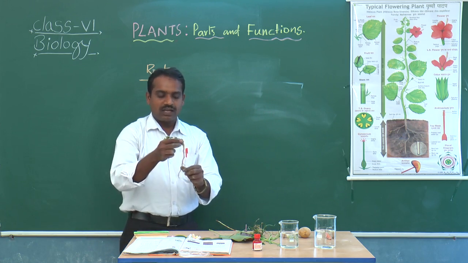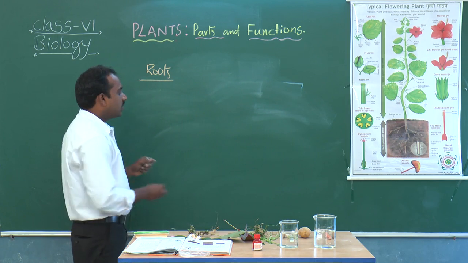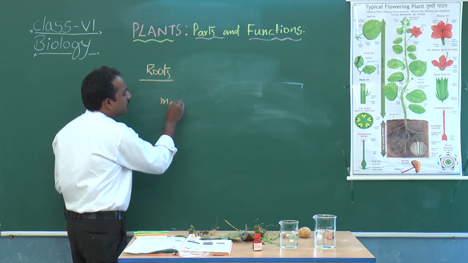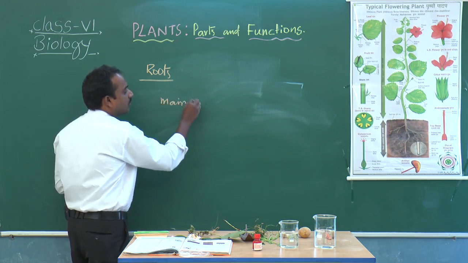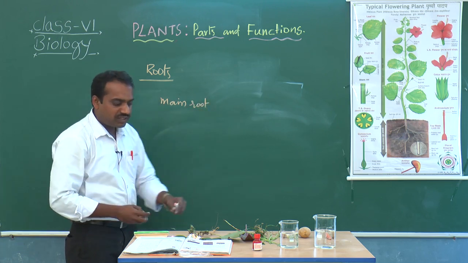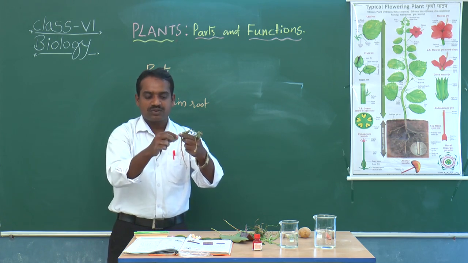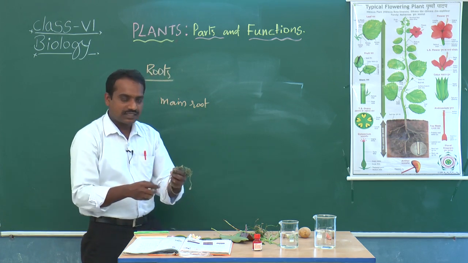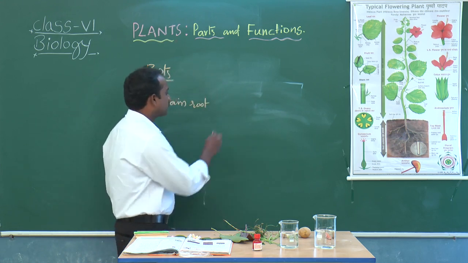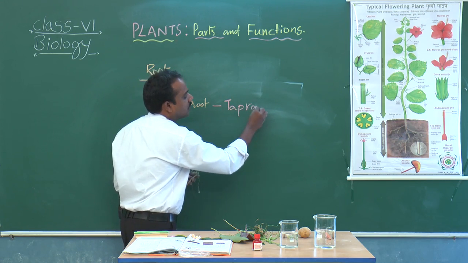Here in some plants we observe there is a main root from which the branches are arising. This main root is called the tap root.